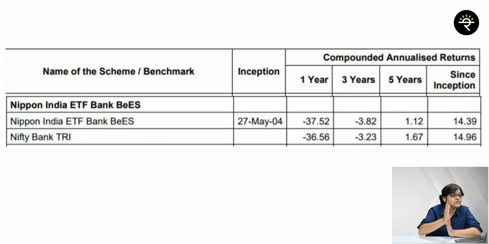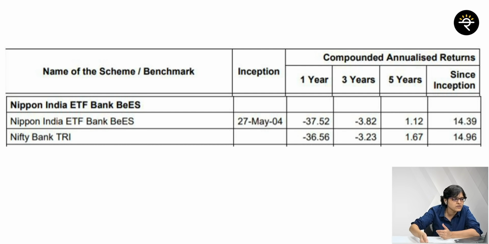So coming back to the discussion, if you check the 1 year return, Bank BeES is minus 37.52%. I'm ignoring the decimal points, but Nifty Bank is minus 36%. So both are in negative, but at least Nifty Bank is a little bit less negative. If I compare 3 year returns now, Nifty Bank is minus 3.23, but Nippon India Bank BeES is minus 3.82.